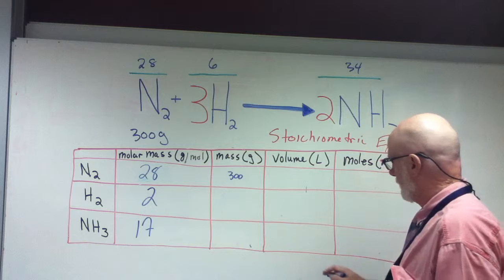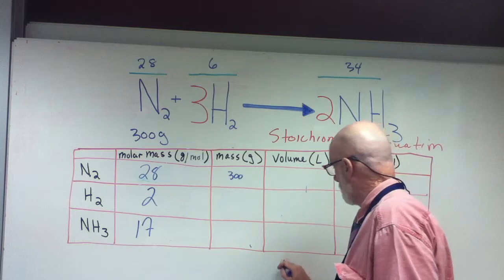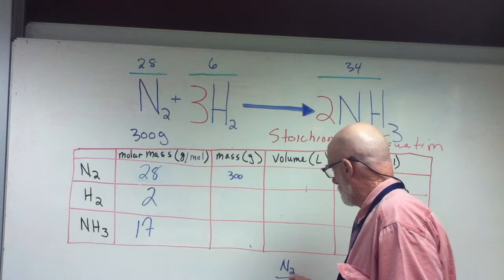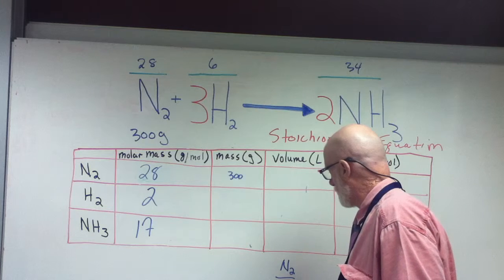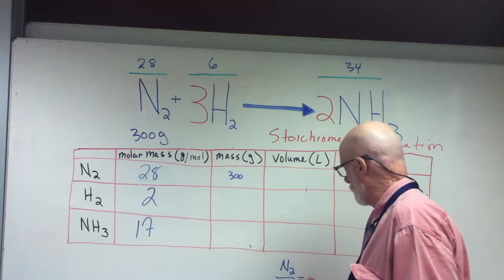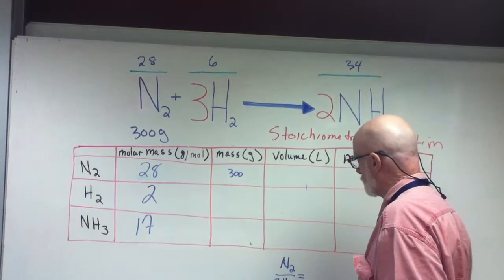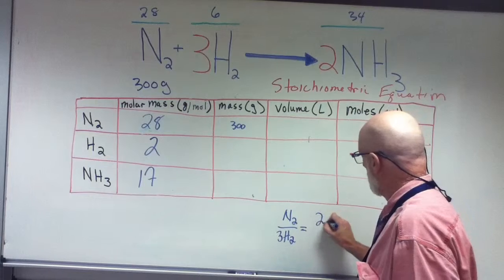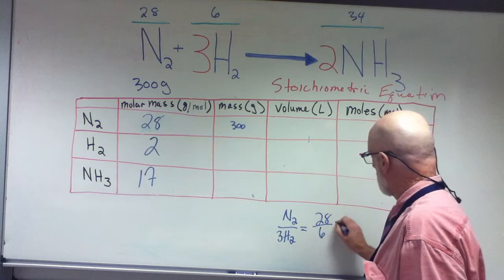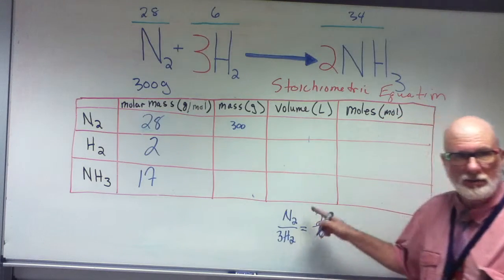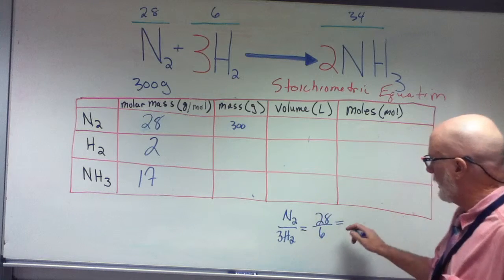Well, let's see. Let's do it. Nitrogen to hydrogen is going to be 28 to 6. That's your constant ratio. Thank God for Dalton, okay?